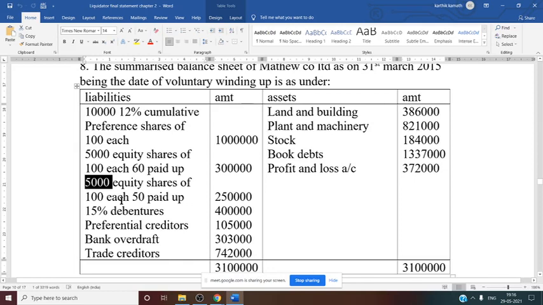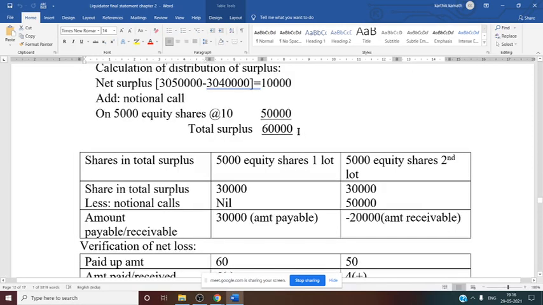So total surplus is 60,000. Now you have to distribute in the ratio of 1 is to 1, that is the number of equity shares held by the two classes of shareholder, first class 5,000, second class again 5,000.